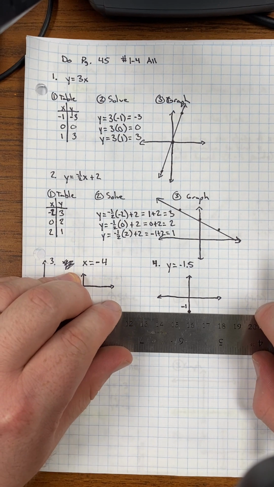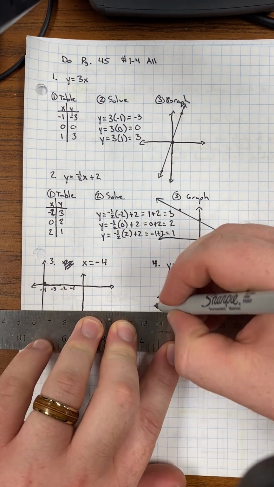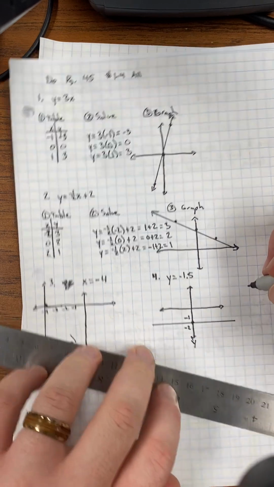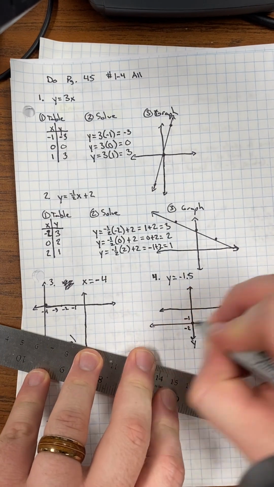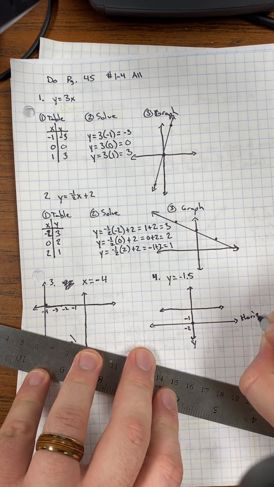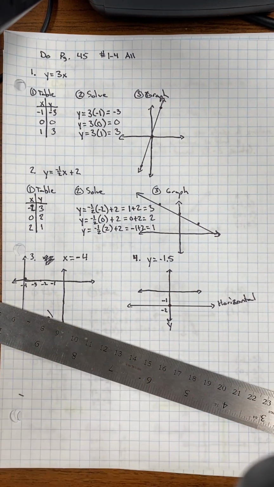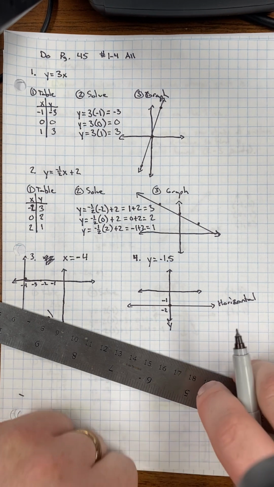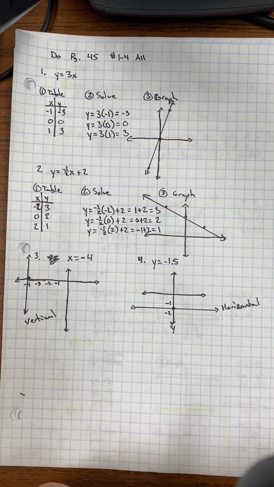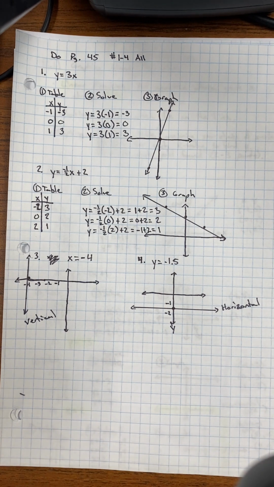Okay, put down your ruler and draw a straight horizontal line that passes through y equals -1.5. And that should be your answer for number 4. Okay, this is everything for 2.1.